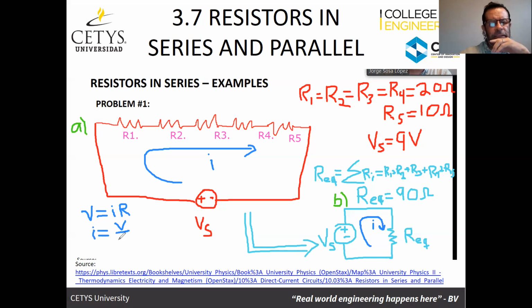In this case, the voltage and resistance that we're talking about are the source voltage divided by the equivalent resistance.